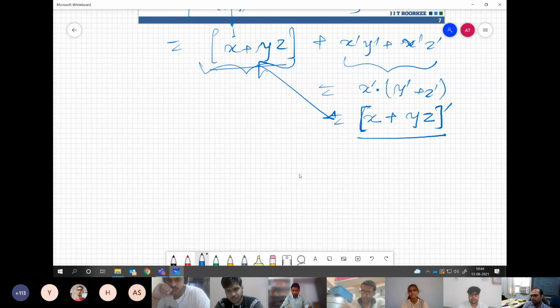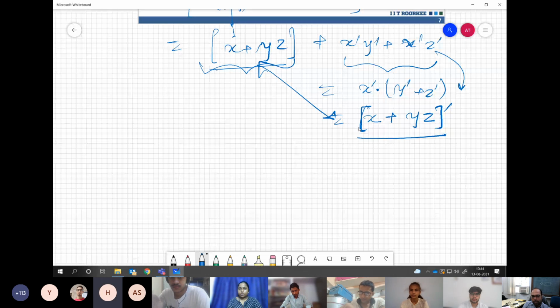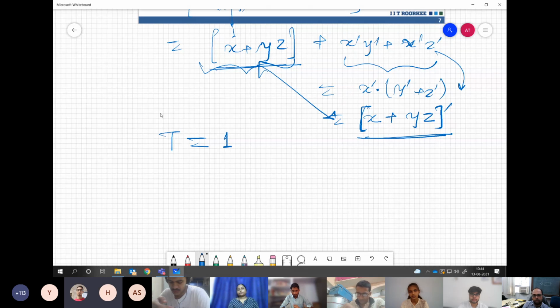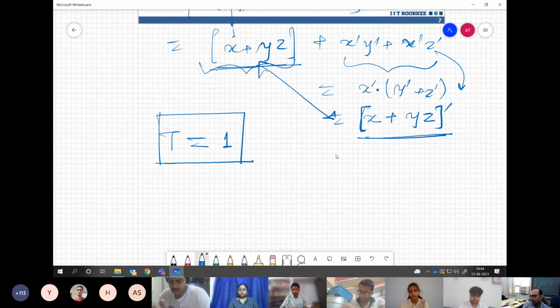Any confusion in this step that I have taken? Now what is the sum of these two? If you are adding any variable with its complement, what is the output? 1. We have not used anything extra than what we have learned.